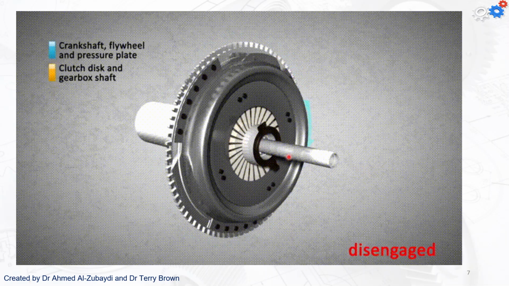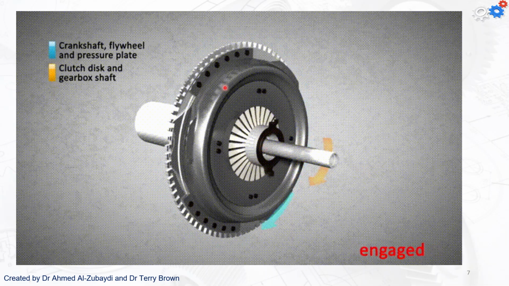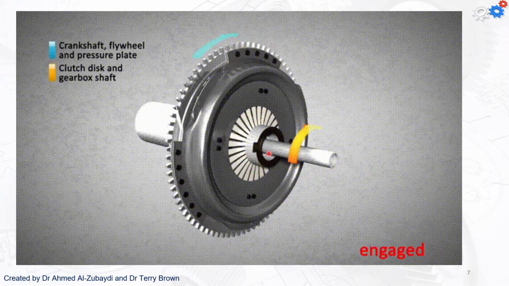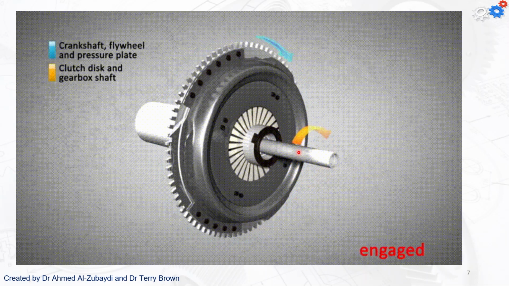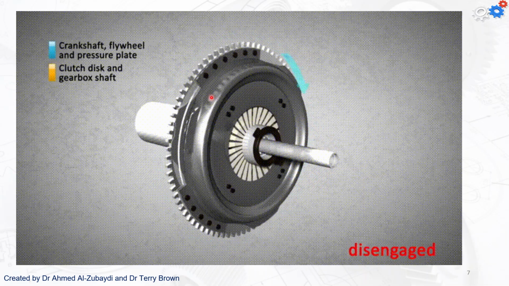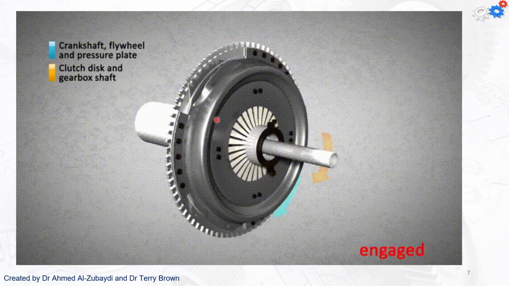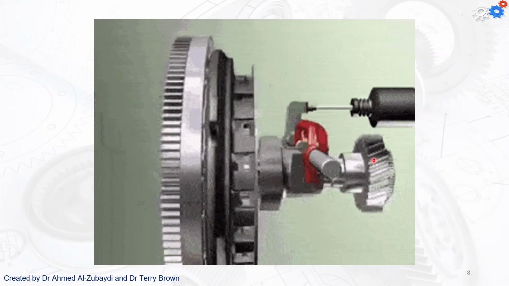And you can see here again, it moves out, the clutch is engaged, things rotate together. Press in, deflect the springs, that pulls the plate away, so they're no longer in contact, and so no torque is transmitted.